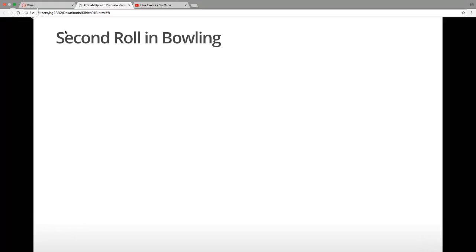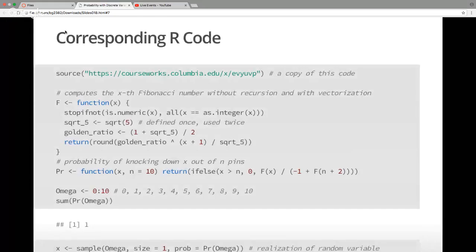Yes. I would do this 1,000 times. So for the first roll, you would do it 1,000 times. It depends on exactly how they generate the random numbers.